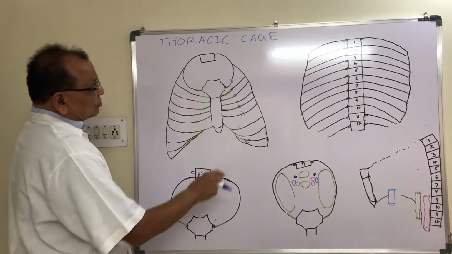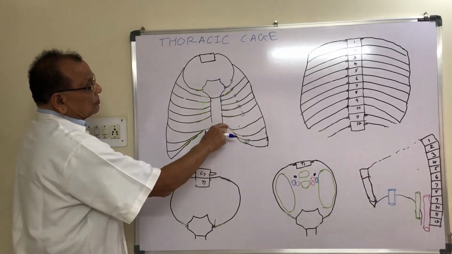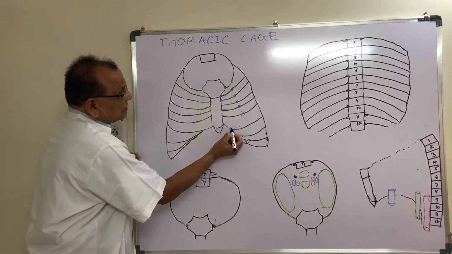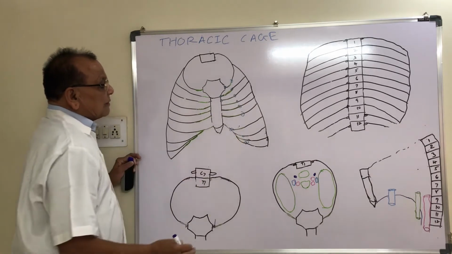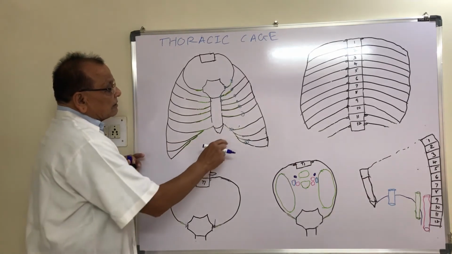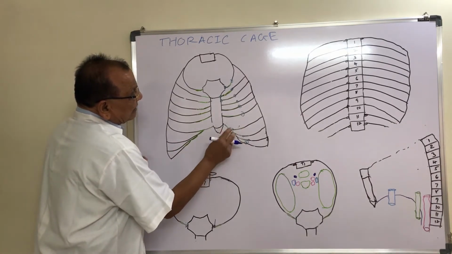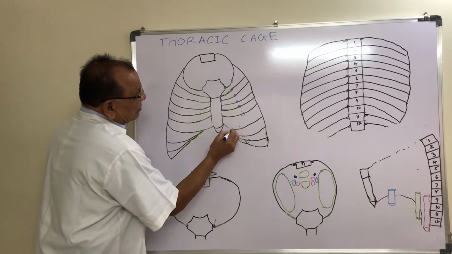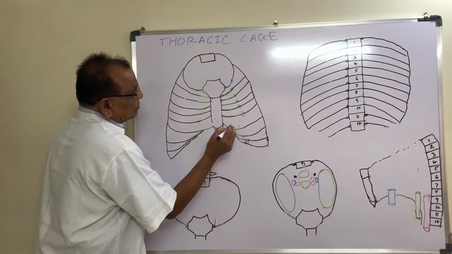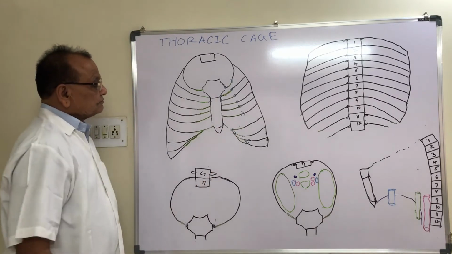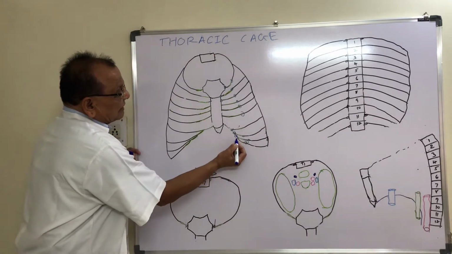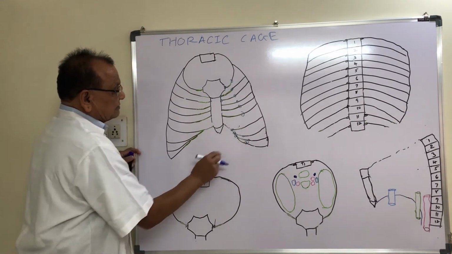Now the costal cartilage of 8 is not articulated with the sternum, but it articulates with the costal cartilage of 7 and forms the interchondral joint. Similarly, the 9th rib is articulated with the costal cartilage of 8, and the costal cartilage of the 10th rib is articulated with the costal cartilage of 9.